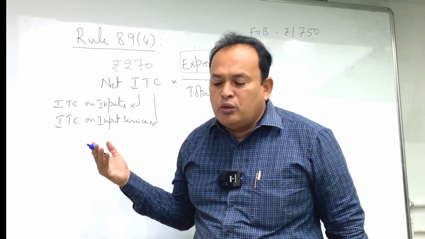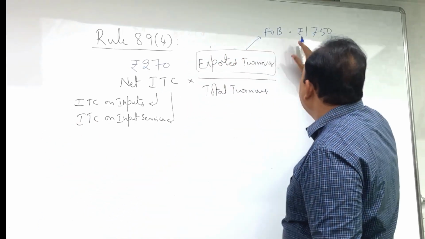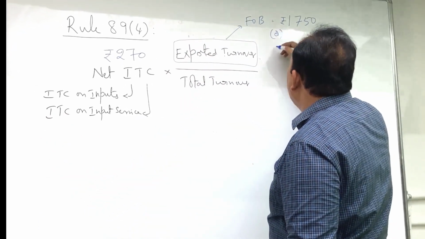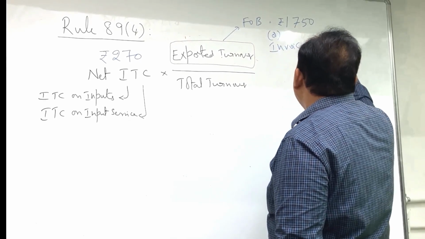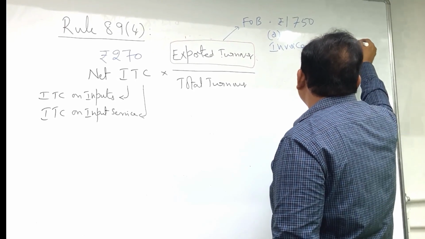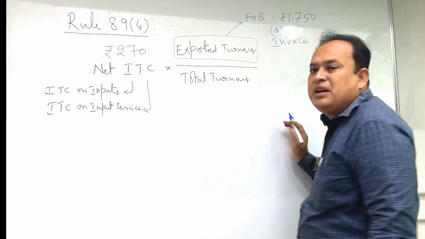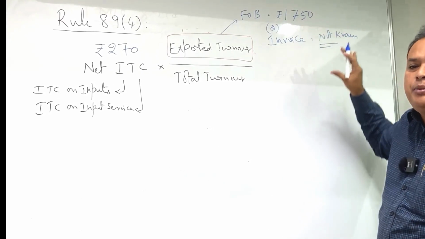FOB value 1750 rupees they have given. Fine. And the value declared in the invoice is not known. If not known, leave it. FOB value is given, so take that FOB value.